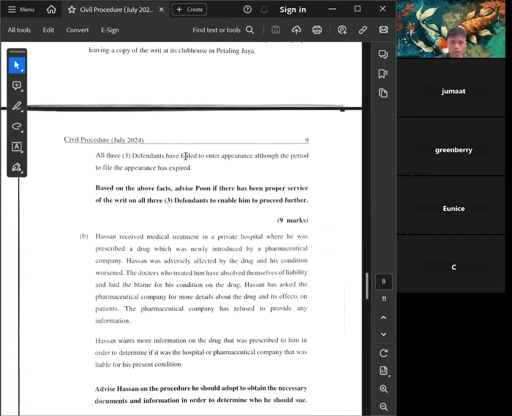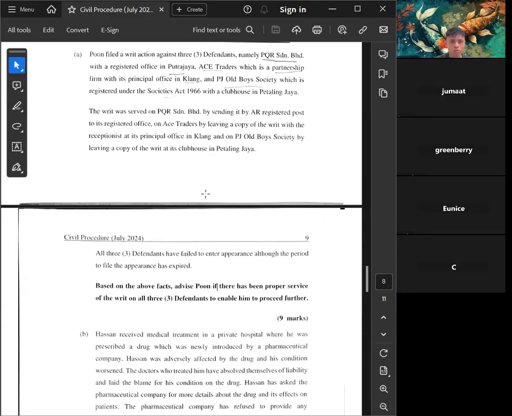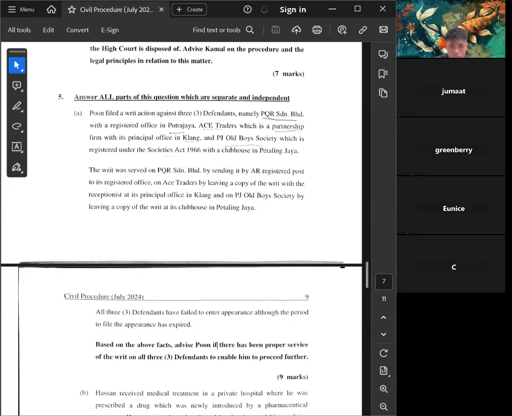All 3 defendants have failed to enter appearance. Based on the above facts, advise whether the writ served on all 3 defendants is valid. I think you all must have attempted this one, right? So can I have your answer in the group chat?